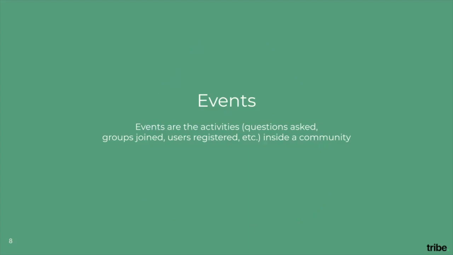So when we talk about events, for those who are pretty new to the world of data analysis and analytics, we are talking about any activity. So every single activity that is happening in the community, we call them events. That's the industry term.